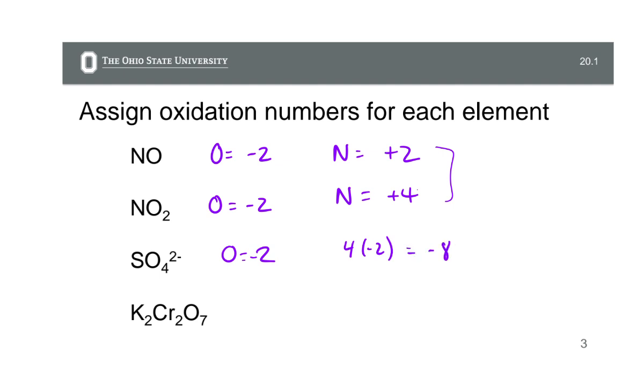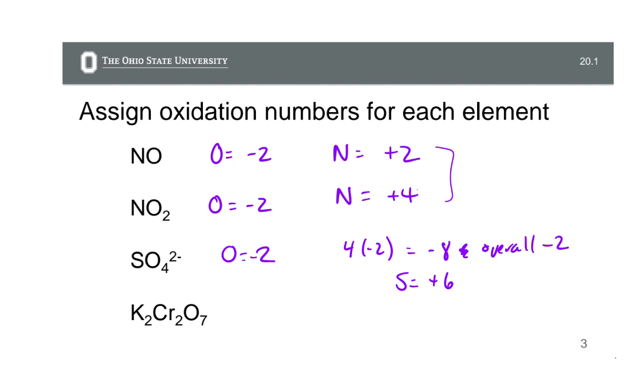We have an overall -2 charge. So we need to get our sulfur to add up to +6. There's 1 of those. So sulfur has to be -6. Or +6, sorry. Did we get that one? Okay.